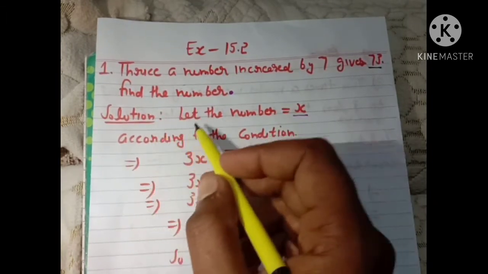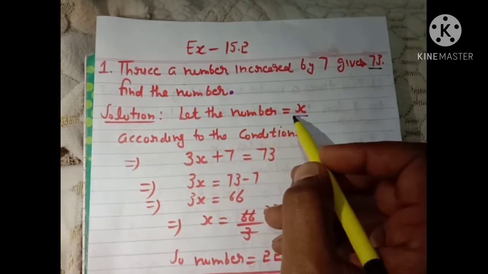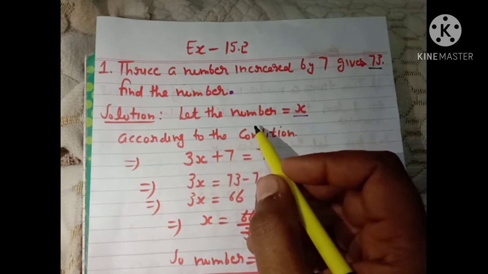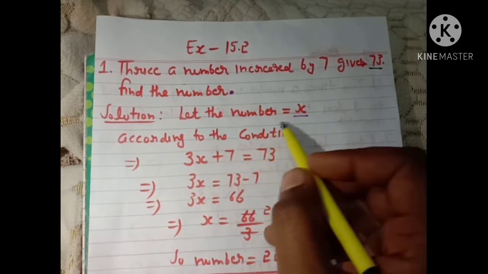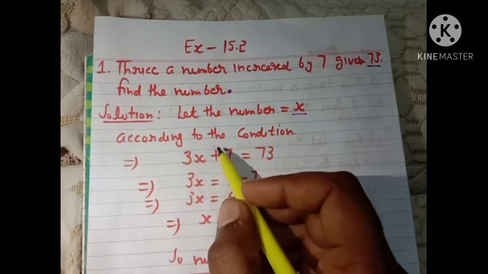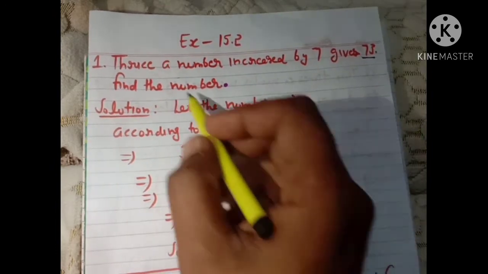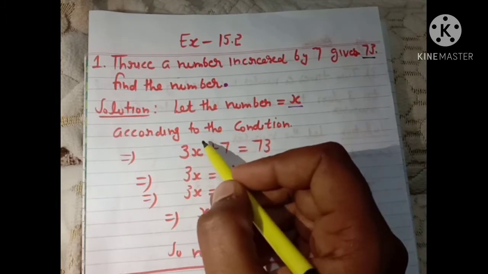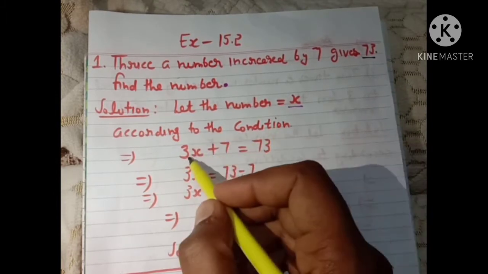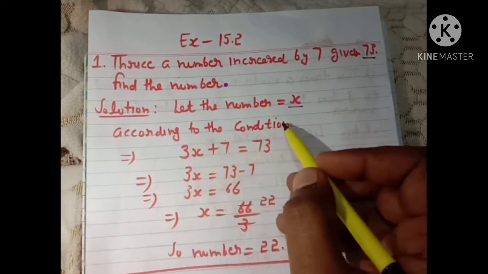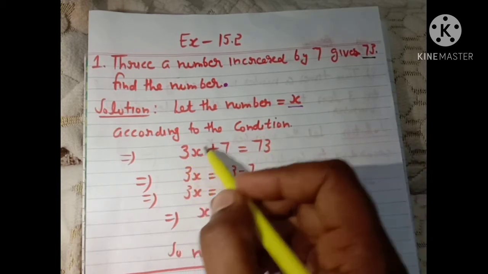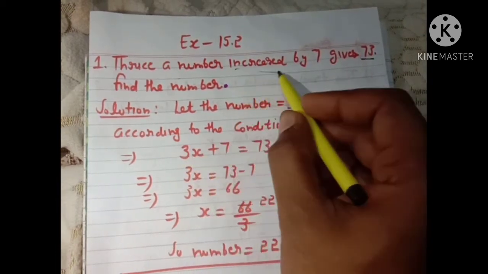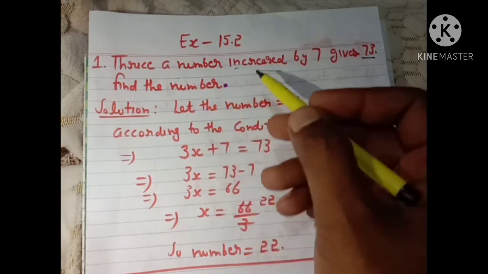So the solution is: let's suppose that the number is x. So we have to take the value as a variable. Now according to the condition, thrice a number means 3 times a number, so I multiplied this x with 3, and thrice a number means 3x, increased by 7, so we have to add 7.